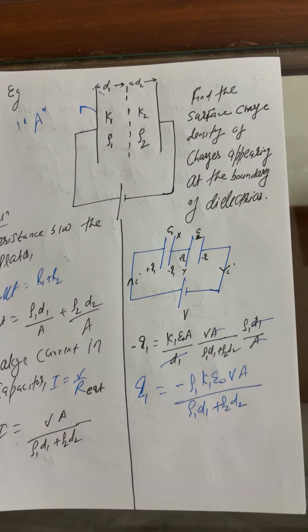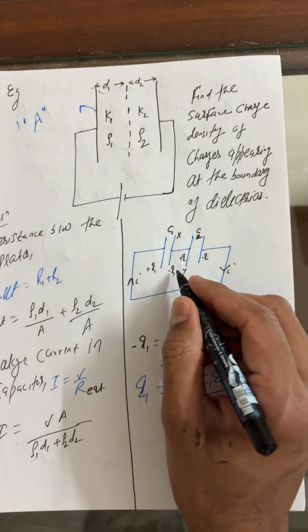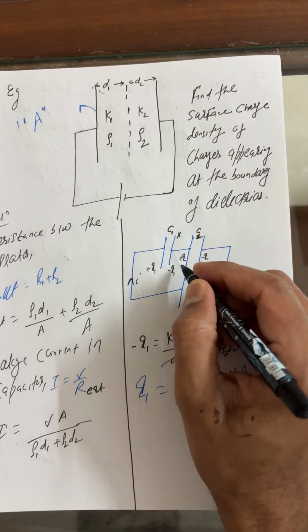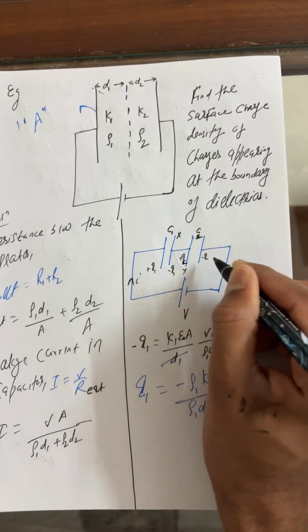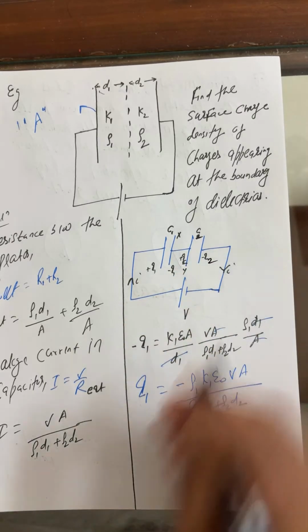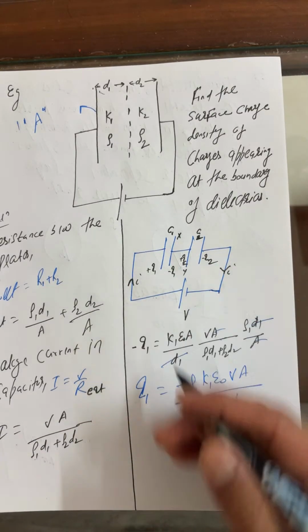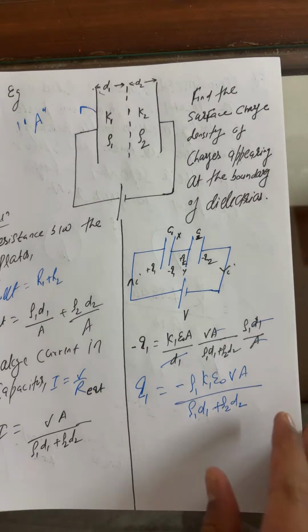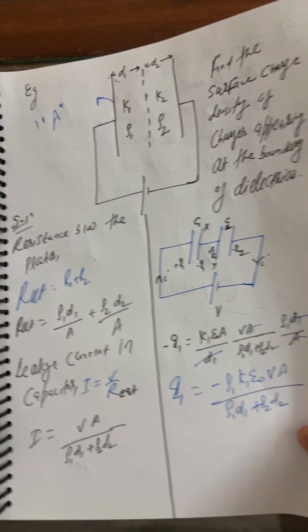Similarly, we can find the charge on plate Y, which is Q2. Here you can take this as plus Q minus Q, and this is plus Q2 and minus Q2. Again Q is equal to CV and V is equal to IR.